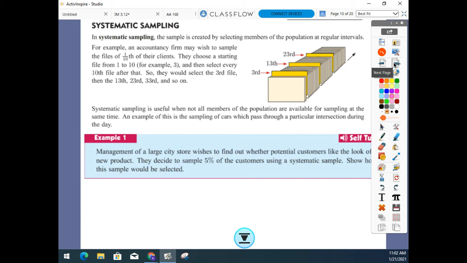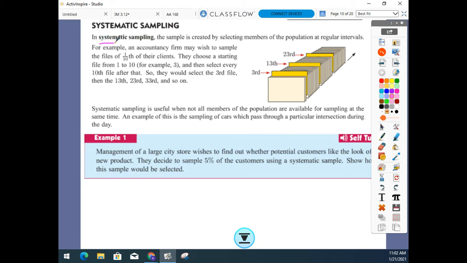All right. Systematic sampling. I have a lot more notes or flip charts that I have on your notes, so just make do.